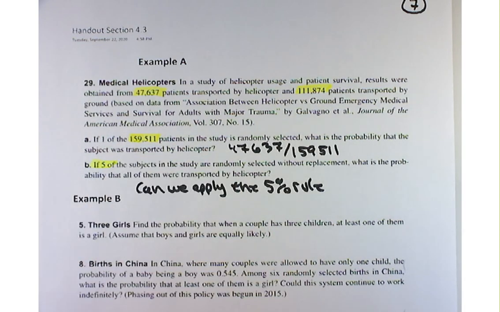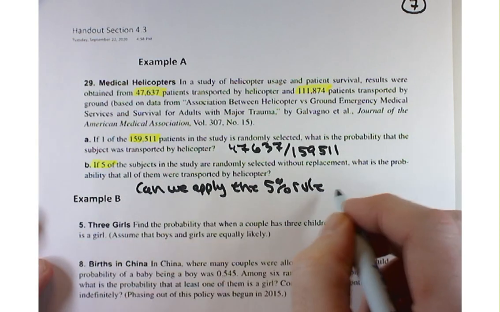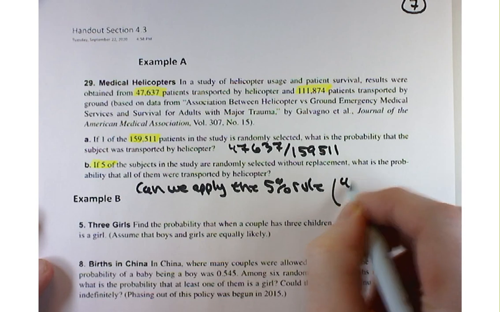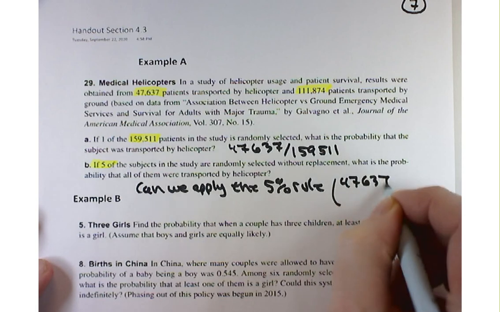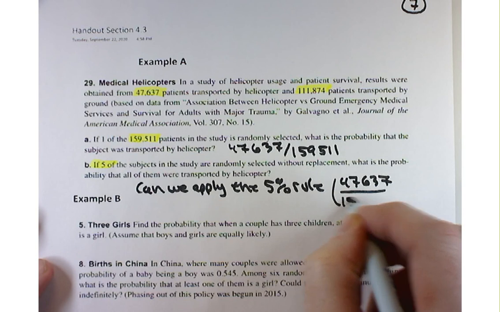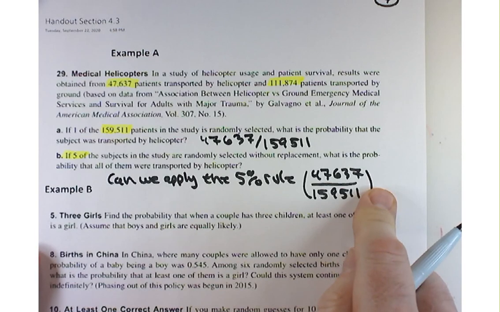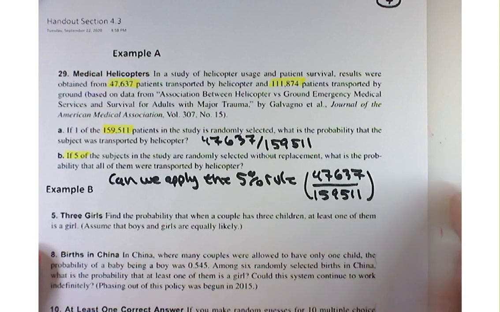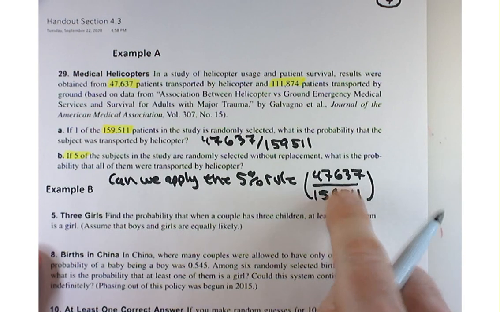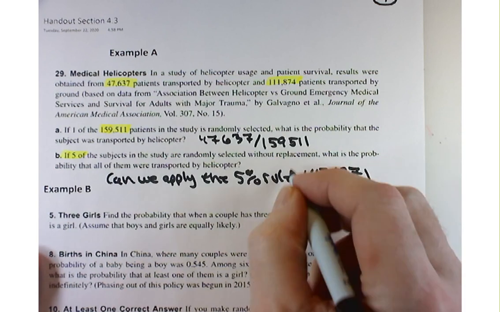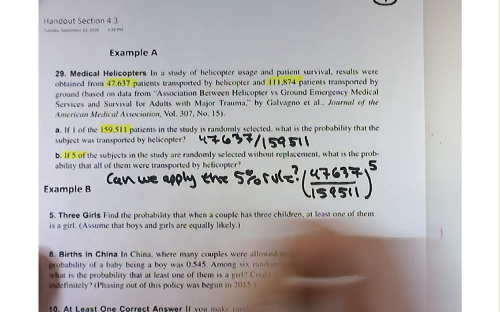It's clearly less than 5% of the population. So to calculate this probability, we would do this. We would do 47,637 divided by 159,511 times the same thing, times the same thing, times the same thing. How many times am I going to multiply this by itself? The fifth. Yeah, to the 5th power.